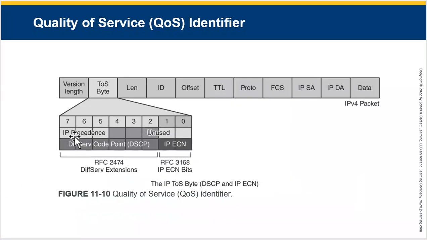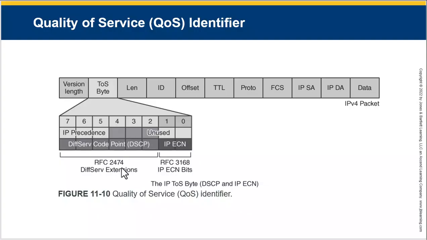Okay, now this quality of service identifier. This is a little bit different. If we're looking at this quality of service identifier, we're going to have this type of service byte. Type of service is actually kind of outdated terminology, not technology, it's still good technology. But now people refer to this as differentiated services or the diffserv field, as indicated right here.